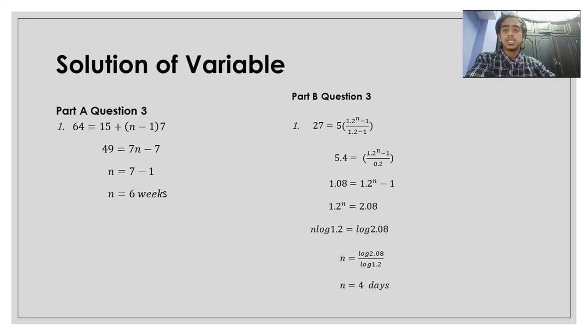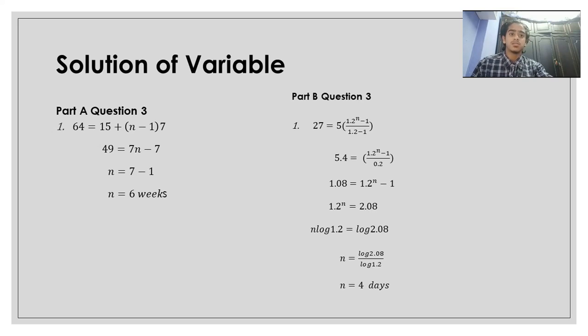Okay, so in the second question we use the geometric progression. The reason why we use geometric is because Melissa increased 20% more than the distance she walked before. So it shows that it increased 20%, 20%, and 20%. So we should multiply by 20%.